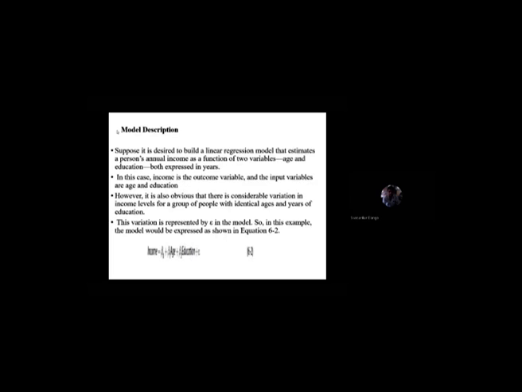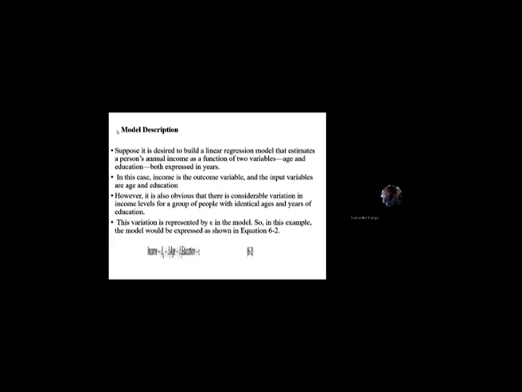We are going to use a simple equation to represent it. Income is an outcome variable, an output variable. It's equal to beta naught plus beta 1 into age plus beta 2 into education plus epsilon. So epsilon is a random error. These two input variables, age and education, are used to determine the outcome variable, which is the income of a person.